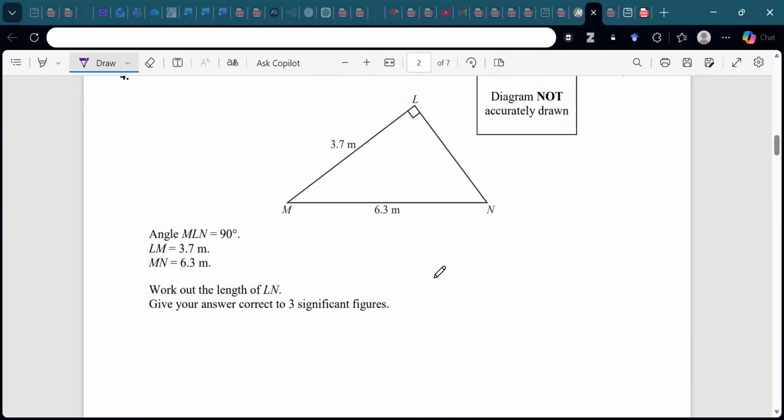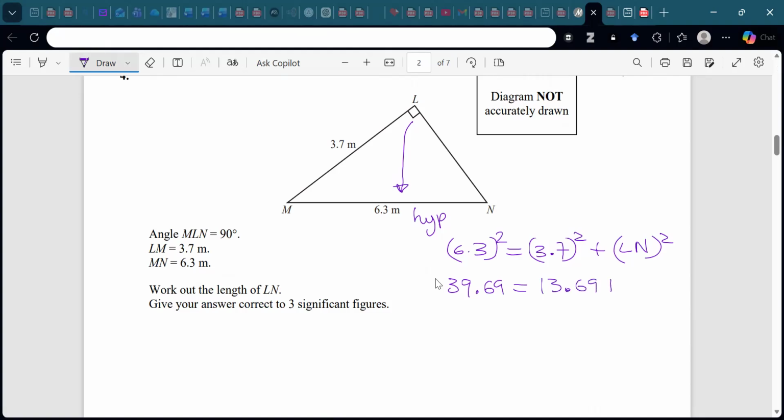So we are to find the length of LN. This side is the hypotenuse. So if we have 6.3, which is the hypotenuse, and squared it must be equal to the other two sides, 3.7 squared plus LN squared. 6.3 squared, that's going to be equal to 39.69. 3.7 squared, that's equal to 13.69 plus LN squared.